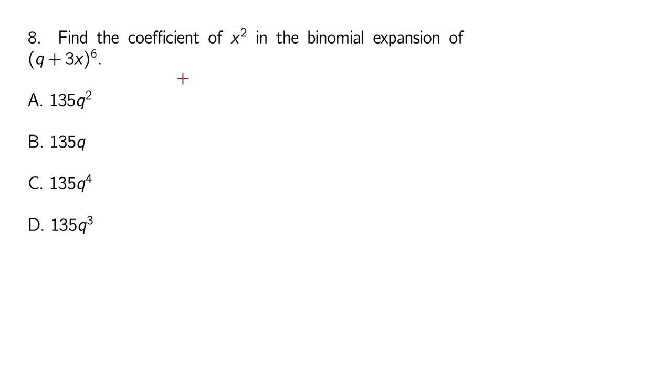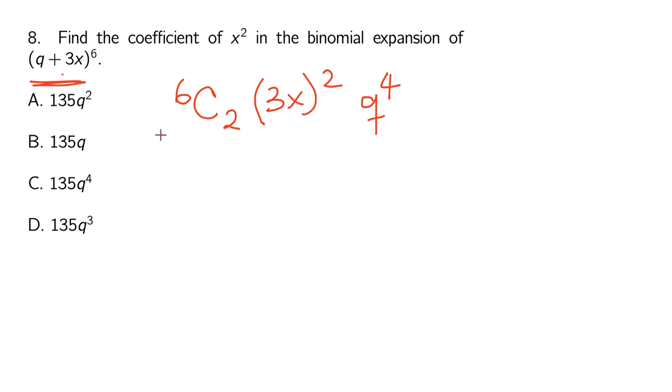We know that it is going to be 6 choose 2 times 3x squared times q to the power 4. In the binomial expansion of this expression, this is the term that is going to have x squared in it.